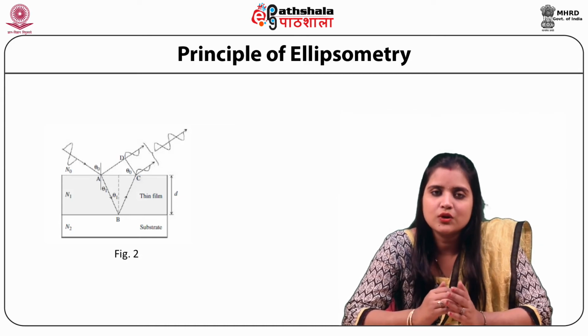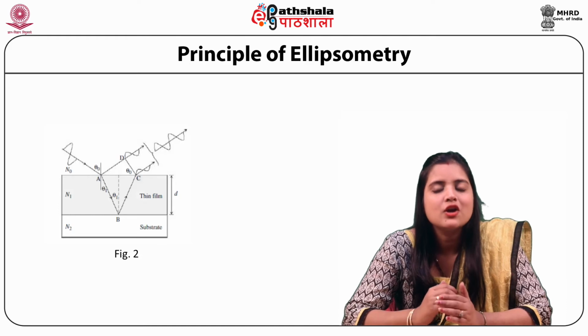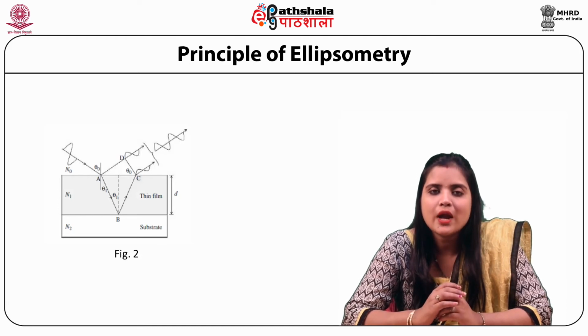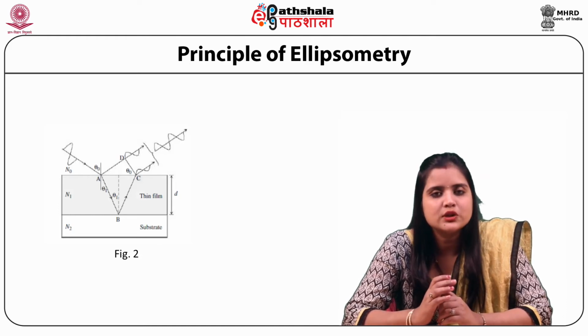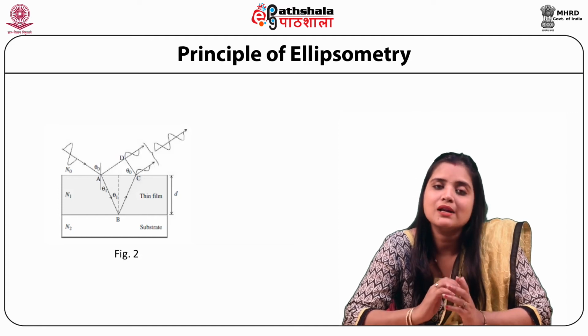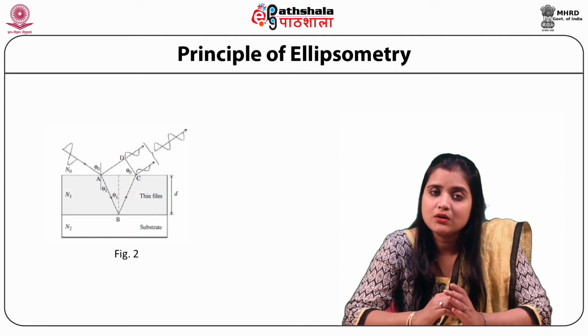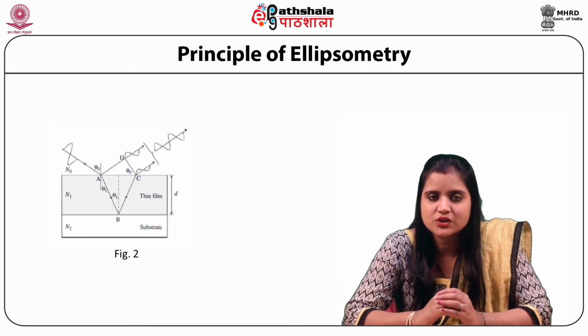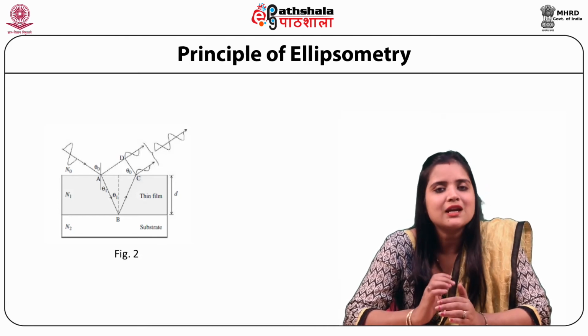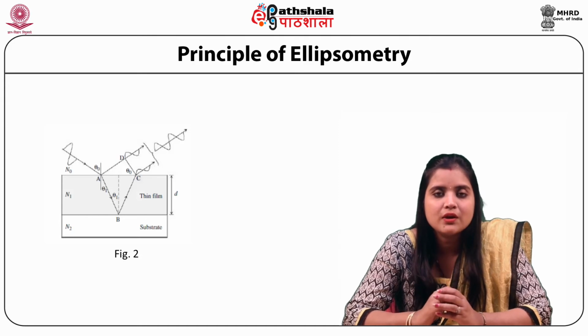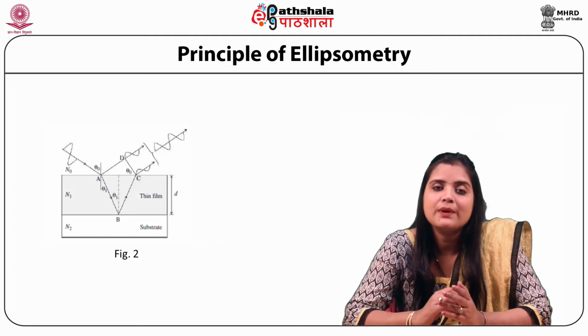Beta is equal to 2 pi into iota into n1 cos theta 1 divided by lambda, where lambda is the wavelength of incident light. If the second medium is absorptive, then beta can be a complex quantity.